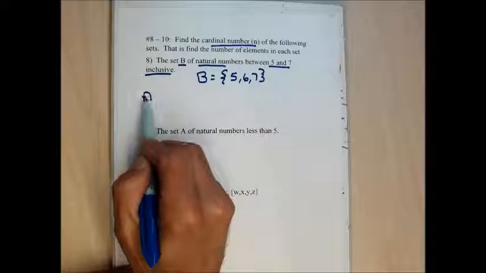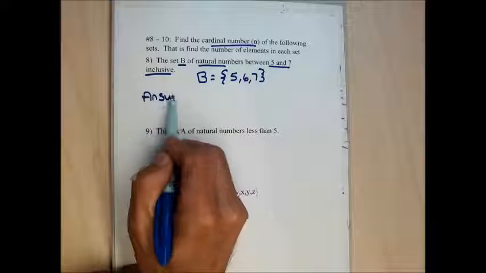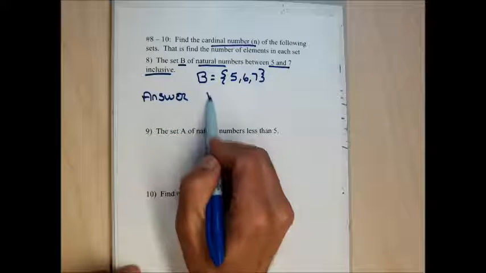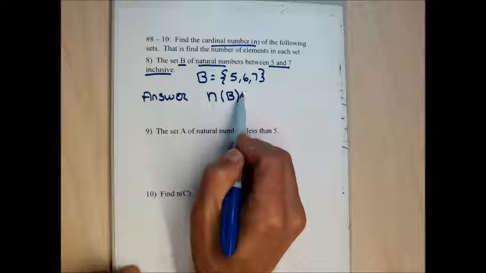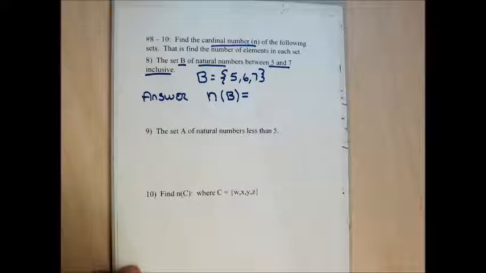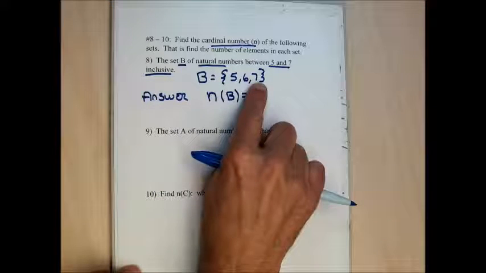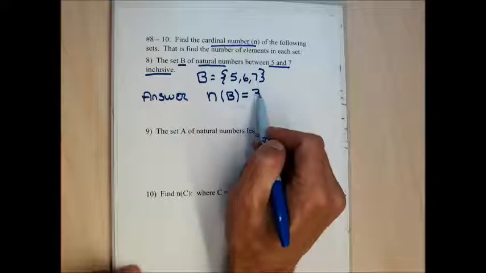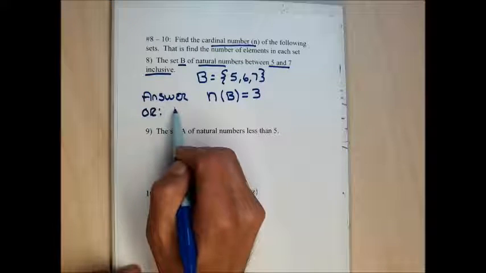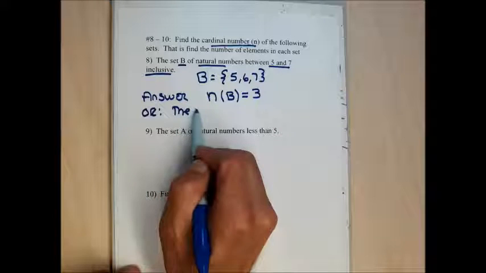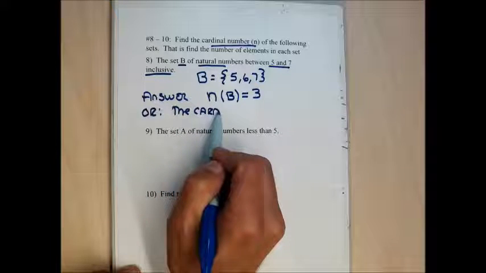When I go to write my answer, a slick way would be the small lowercase n followed by parentheses with the set name, and then an equal sign, and then the number of elements in that set goes after the equal sign. There's 3 elements in that set, and that would be fine. Another way to write the answer, you can say the cardinal number of set B is 3.